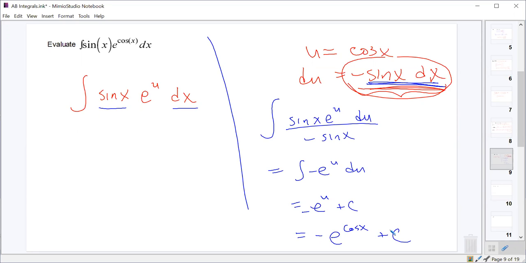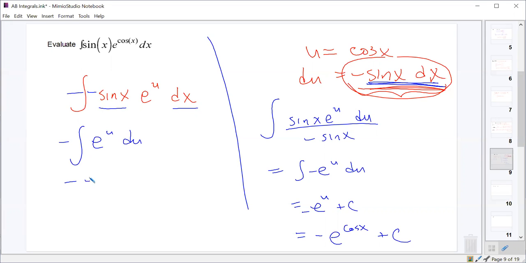This right here is not necessarily my preferred way to do it. If you prefer to solve for dx and plug it in like this and solve it out, that's fine. What I like to do is build this negative sine x dx into here. So I just put a negative sign here. If I multiply all of this by -1, I have to multiply it by -1 a second time. So I put another negative sign and say this is negative an integral of e to the u, and then the negative sine x dx gets replaced with the du.